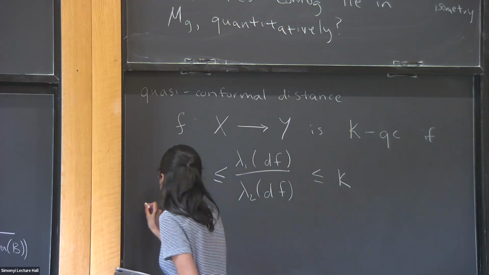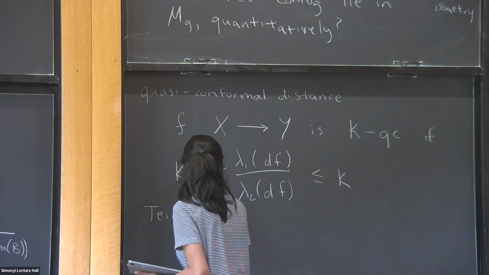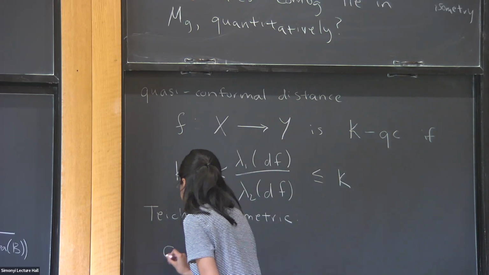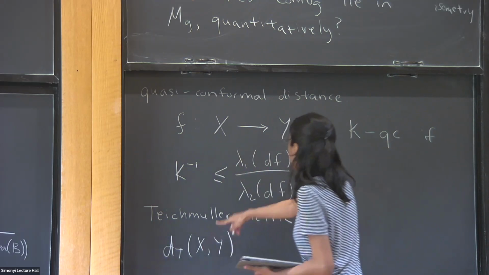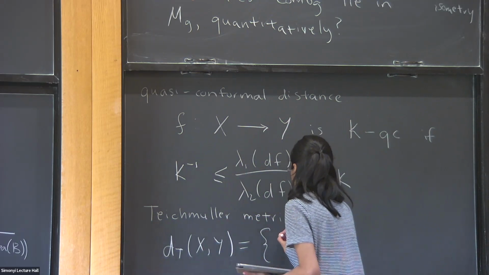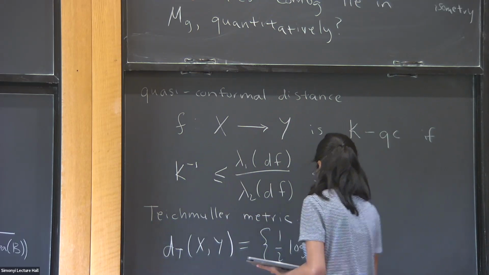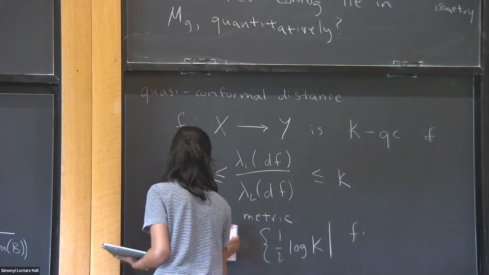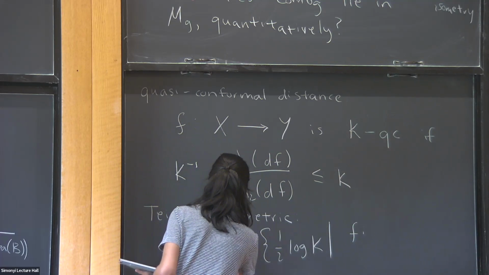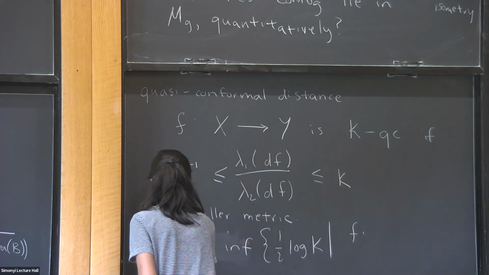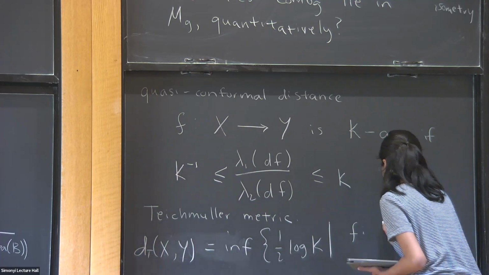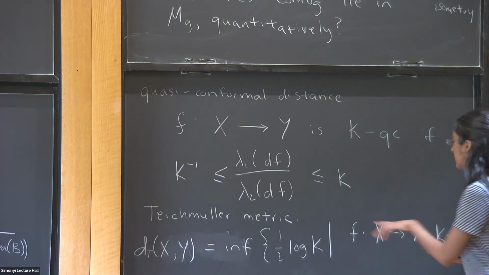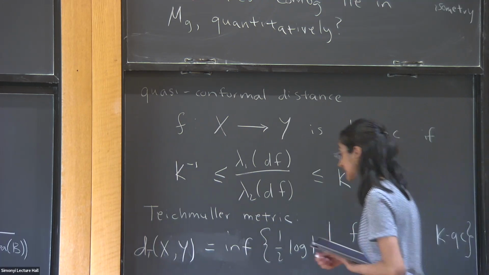Okay, and now let me define the Teichmuller metric. The distance between two points, x and y, on moduli space, which are hyperbolic surfaces, is given by half log K of the minimal quasi-conformal map between x and y.